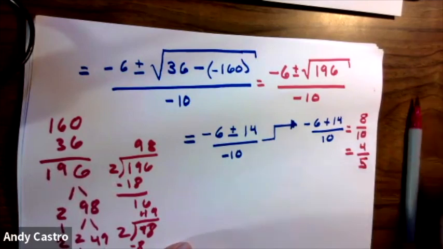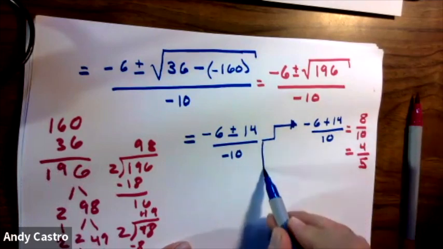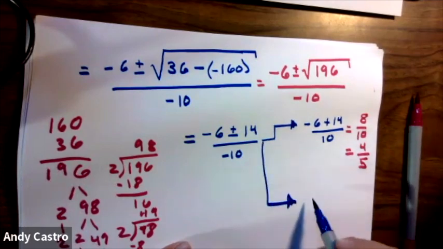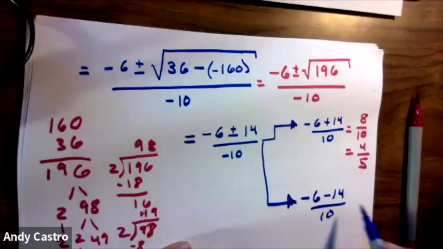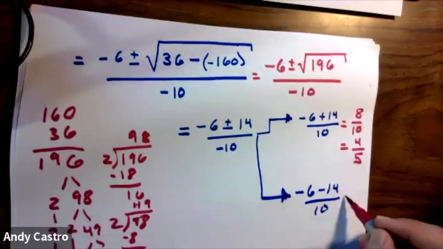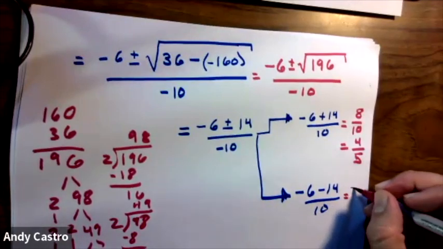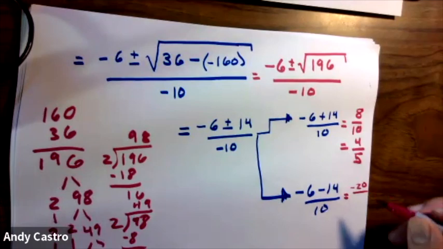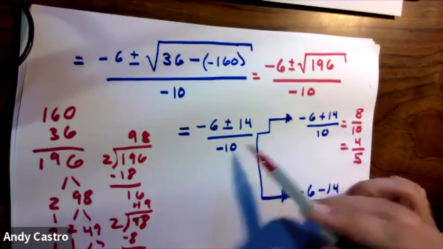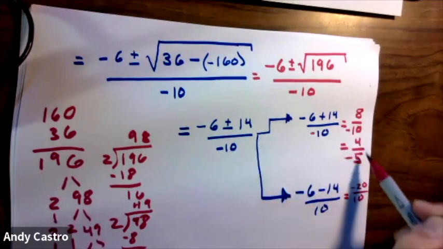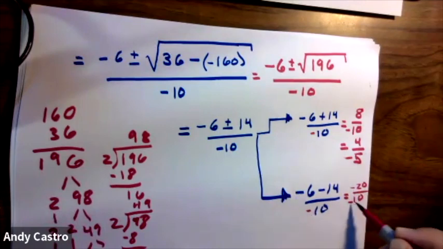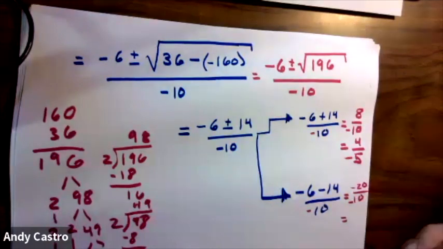All right, then our second option is -6 minus 14 over -10. -6 minus 14 is -20. And -20 over, oh, I'm sorry, this is -10. I forgot to carry that over. -10 there, -10 there. -20 over -10 is +2.